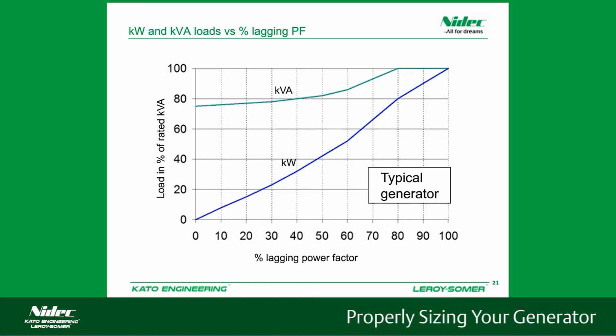So from 80 to 100%, it is just 80, 90, 100% of that kVA. And then as we go down, that kVA is also dropping. So our kVA, or our kW, will also drop a little bit with it.